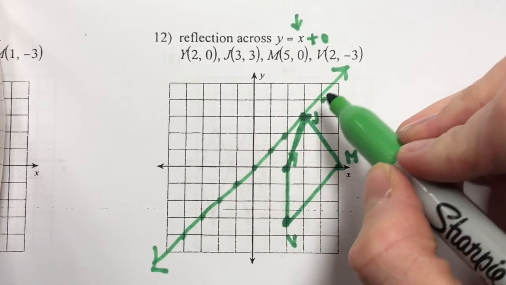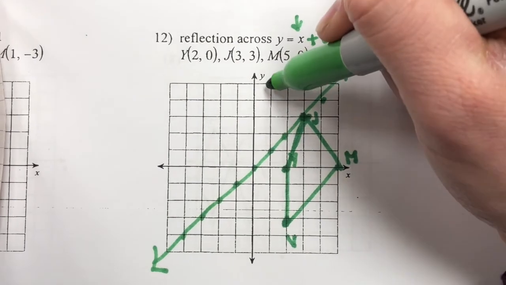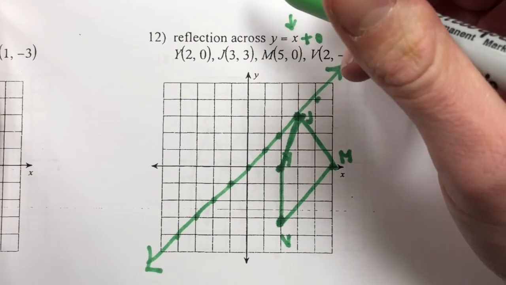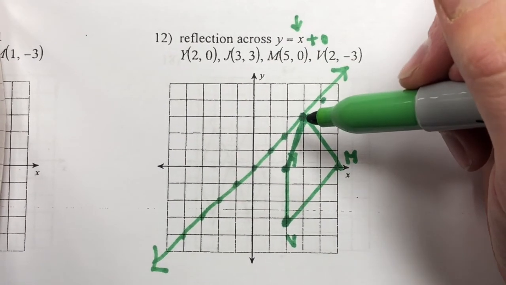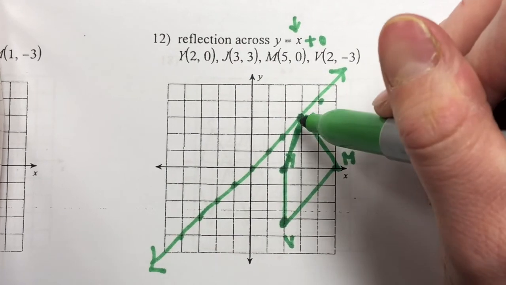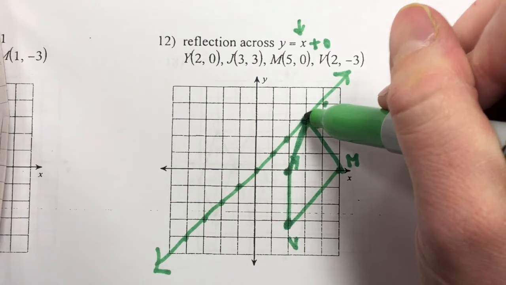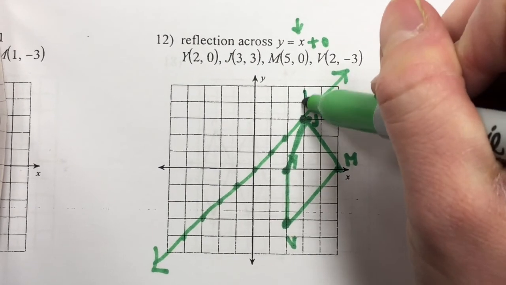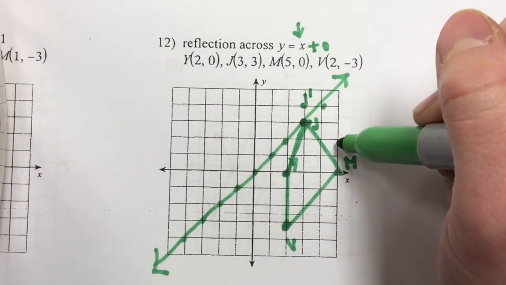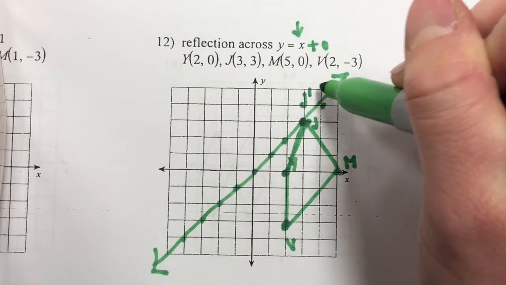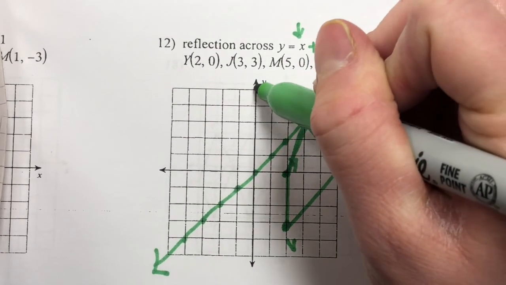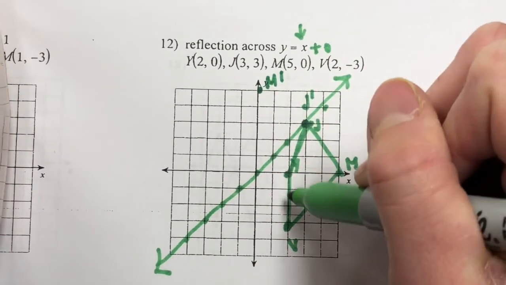So we've already drawn our mirror line, so our image has to go on the opposite side of that. An easy way to do this is to count toward the mirror line on our grid lines and then through the mirror line on the other side that many spaces. So J is on the mirror line, so I keep it there. This is J prime. M is 1, 2, 3, 4, 5 away, so then 1, 2, 3, 4, 5 away. This is M prime.